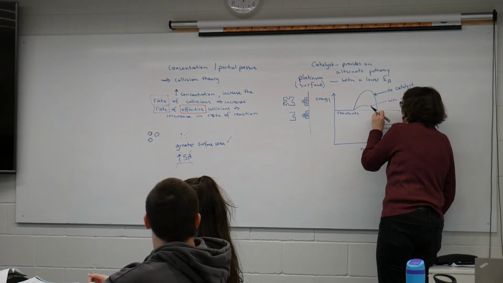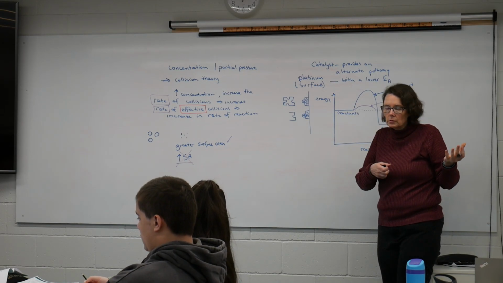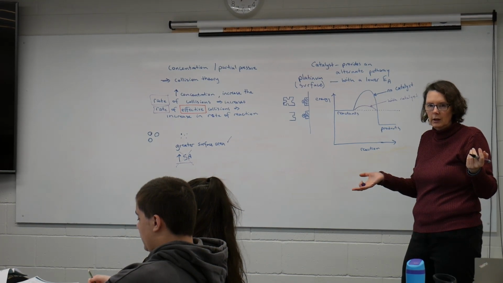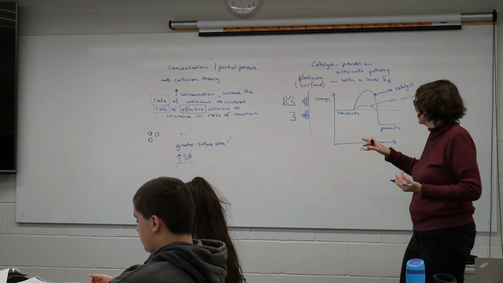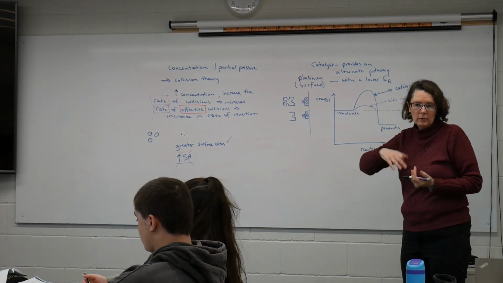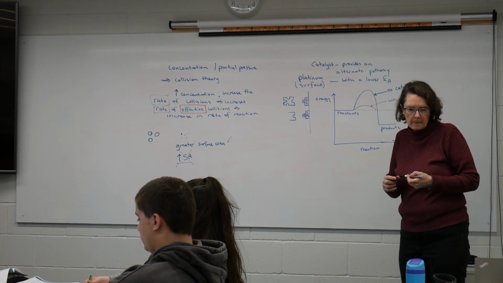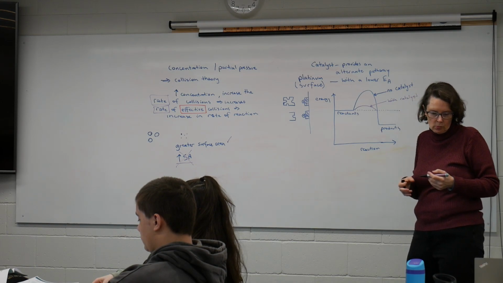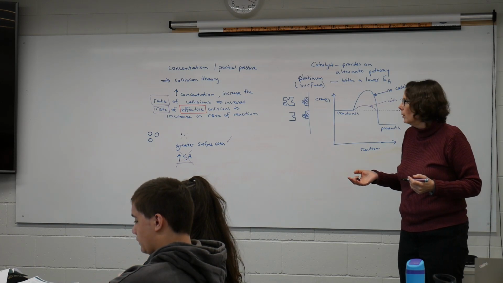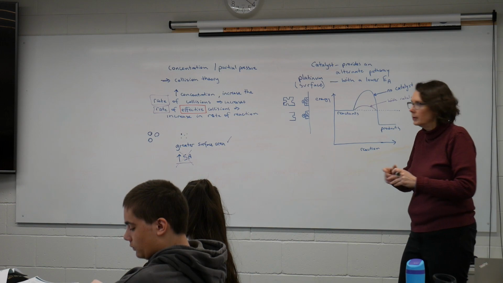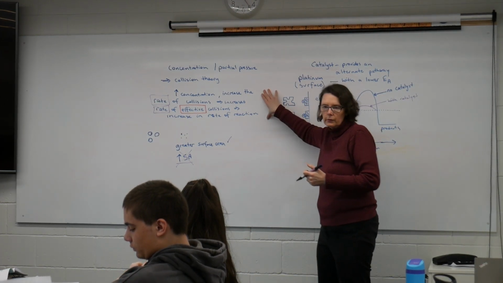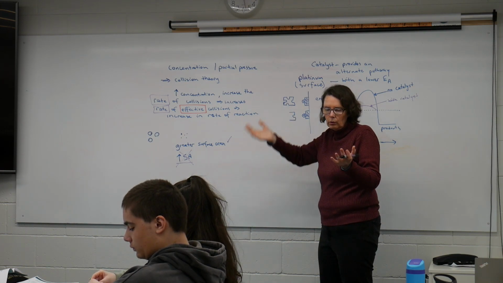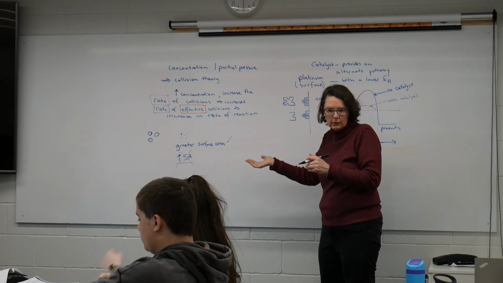So the reaction, we're still taking the same reactants and we're still forming the same products, but this reaction occurs more readily because we've lowered the activation energy. If we lower the activation energy, what that means is that more particles will have enough energy to react. So if we think about back over here, I said a certain percentage of all of the collisions will be effective.